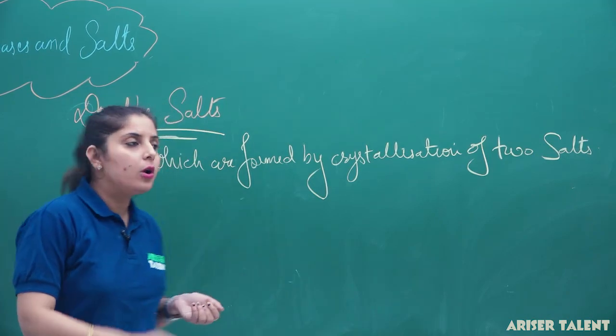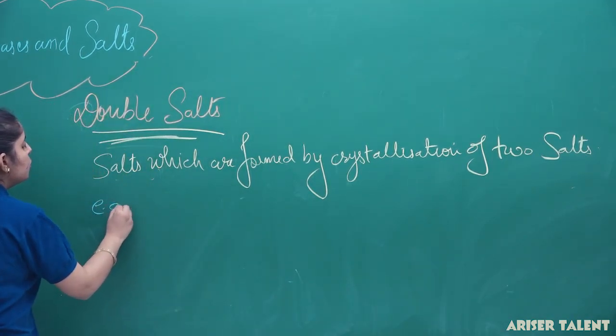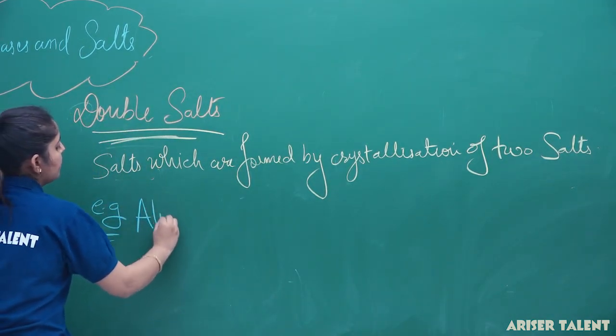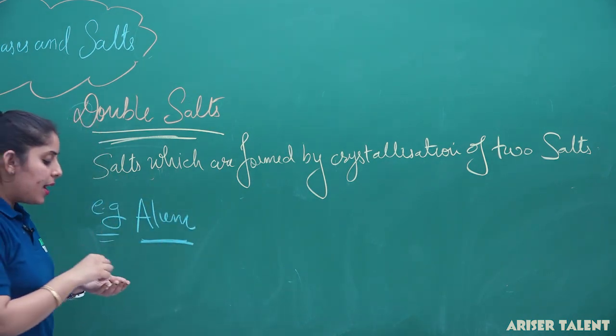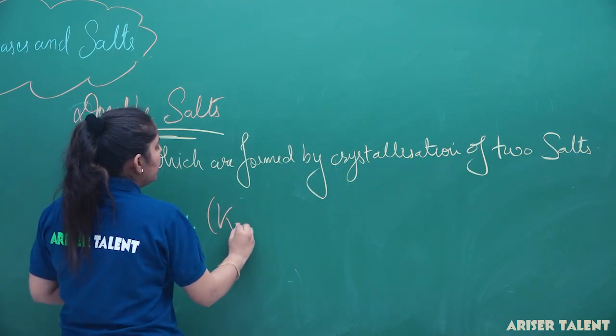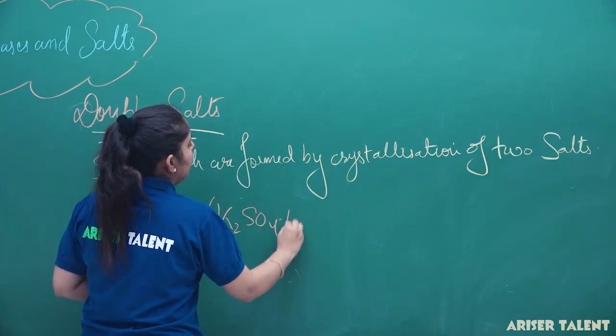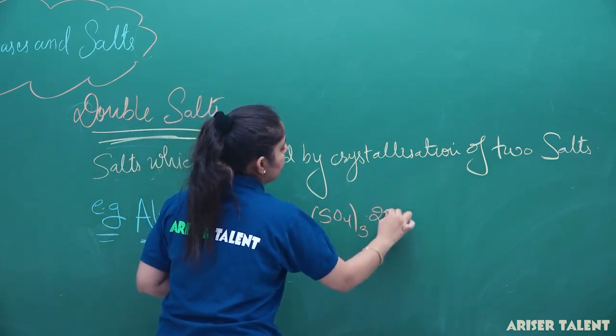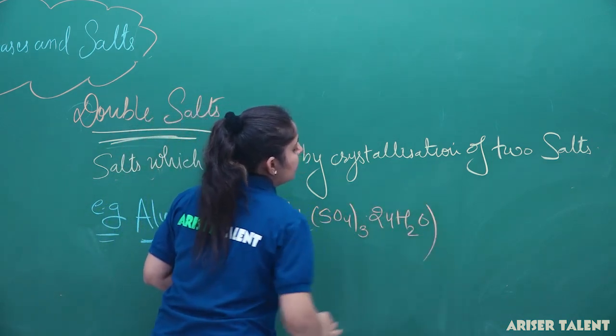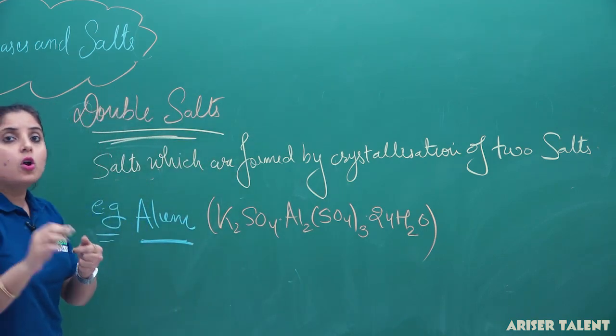Alum is a type of salt. The alum we have is used for cleaning of water. This is alum. Now, this alum is actually our double salt, and its formula is K2SO4, Al2(SO4)3, dot 24H2O. So you can see that there are two salts present.